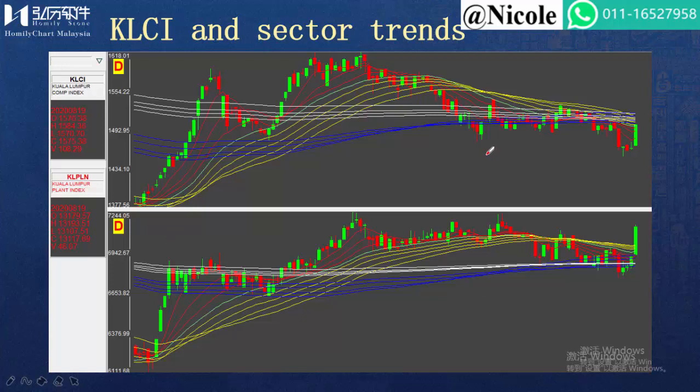Plantation, its movement used to be very close to KLCI. We can see when the KLCI is in long-term downtrend, plantation is in long-term downtrend, and it's getting flatter, and this one is getting flatter also, which means the lines are more close to each other, but the difference happens recently.